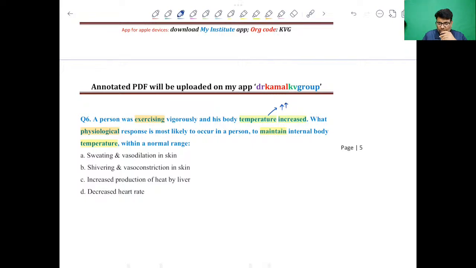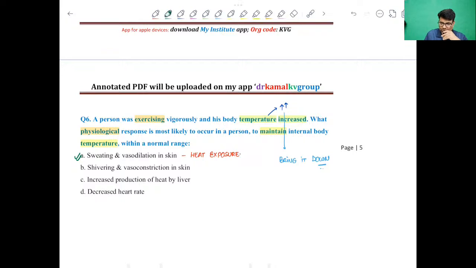Now how will the body try to bring it down? I think it's a very basic mechanism. It is sweating and vasodilation, and if you remember, this is the response which occurs when the body is exposed to heat. So this is response to heat exposure.